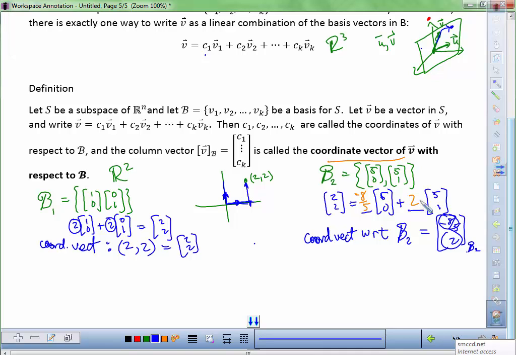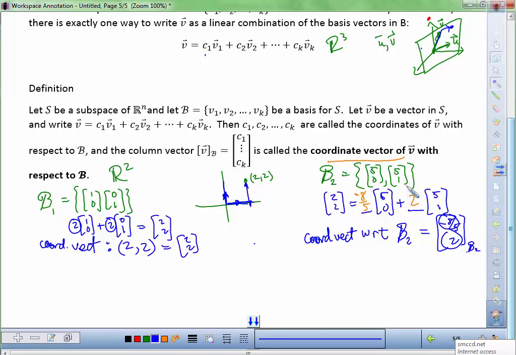Your vector is now made of the coefficients of those basis vectors, yes. That's a good way to put it.